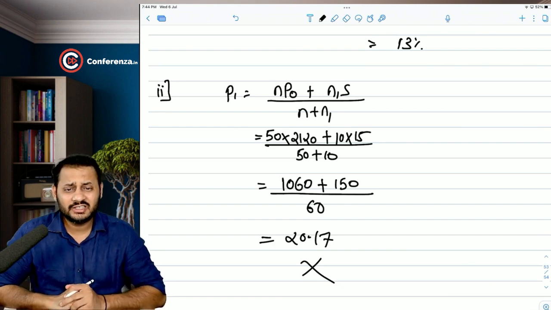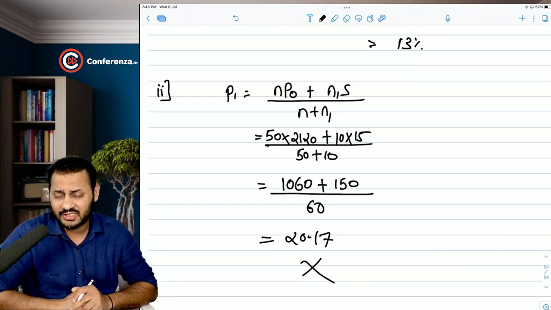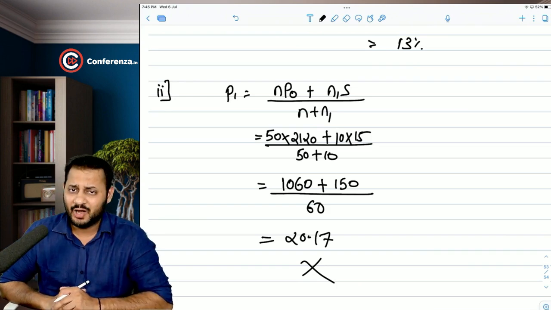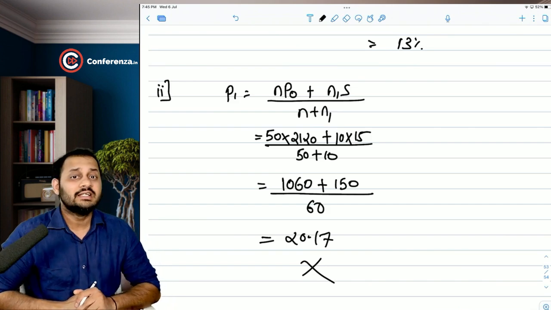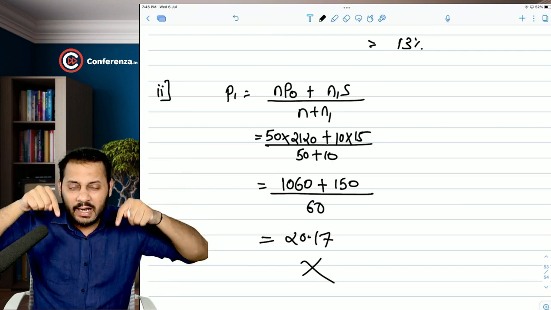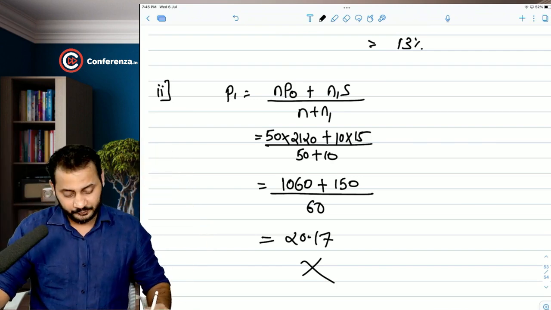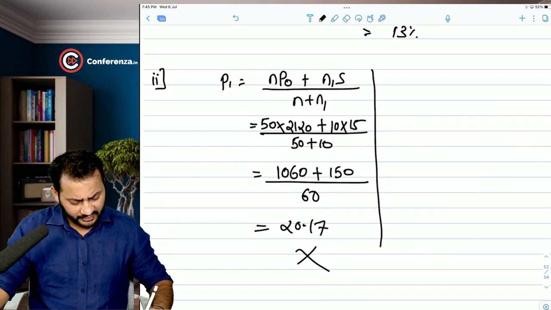Sir, how come this is wrong? We have been using this formula since the last few questions, and now you are saying that this formula is wrong. Sir, this formula is not wrong. This formula is not applicable in this question. Why? Because of one major reason.